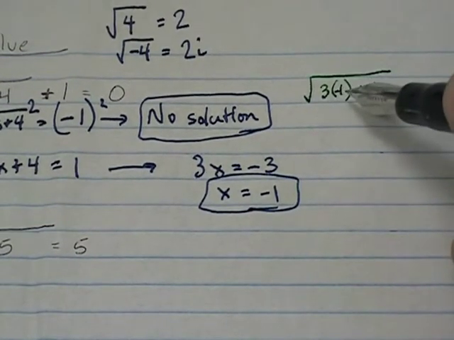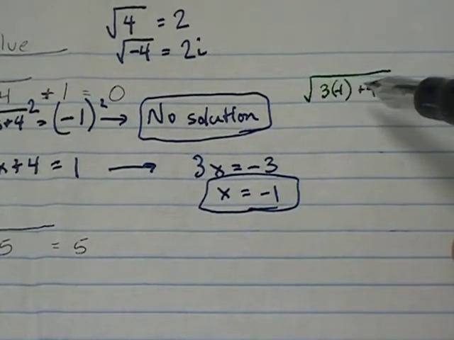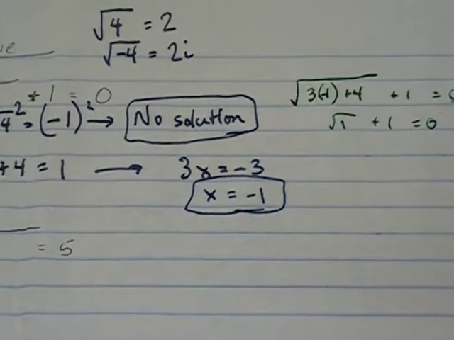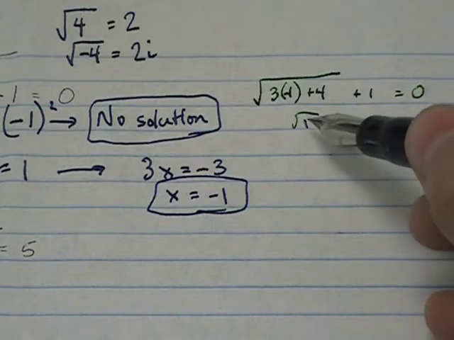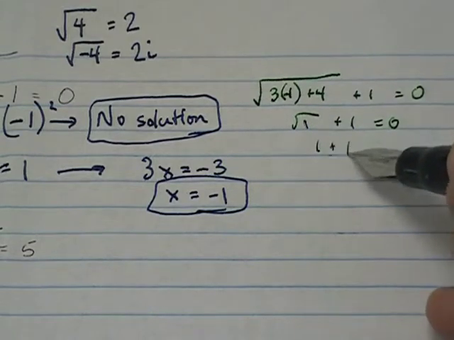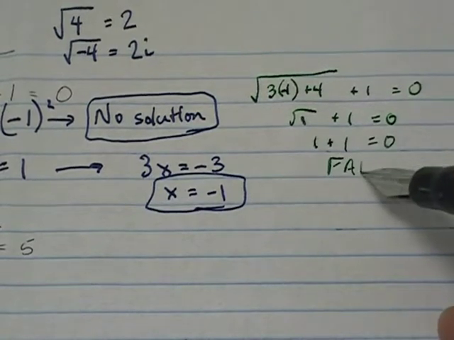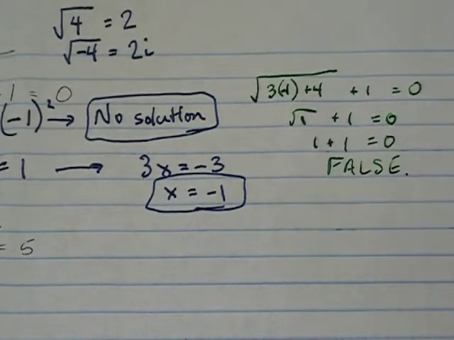Well, 3 times negative 1 is negative 3. Negative 3 plus 4 is 1, so I get square root of 1 plus 1 equals 0. The square root of 1 is 1, so 1 plus 1 equals 0. The last time I checked, that is a false statement.